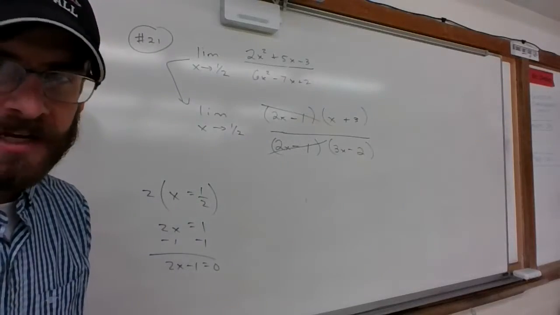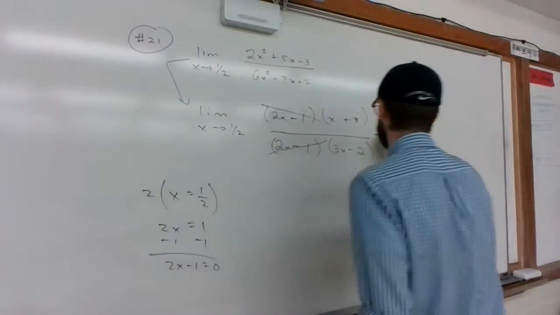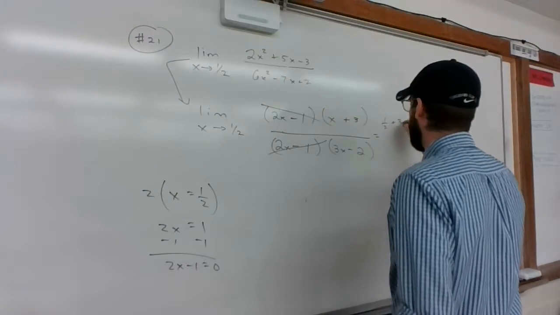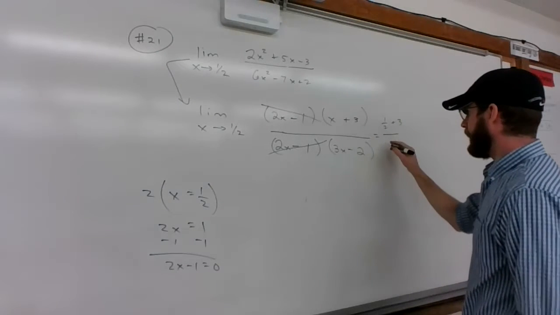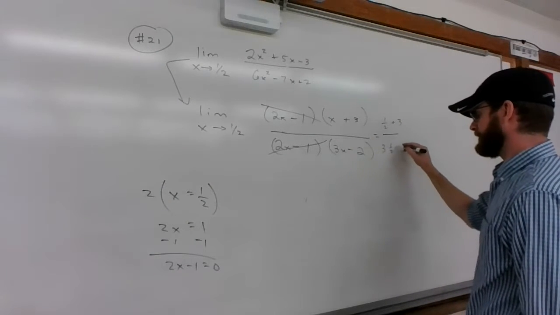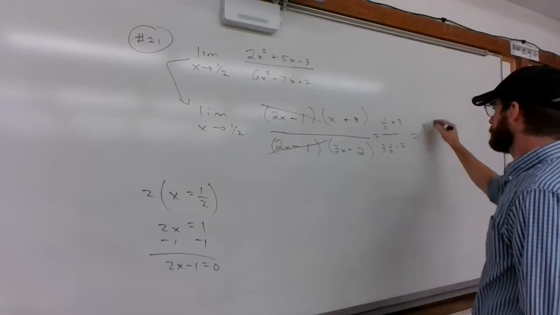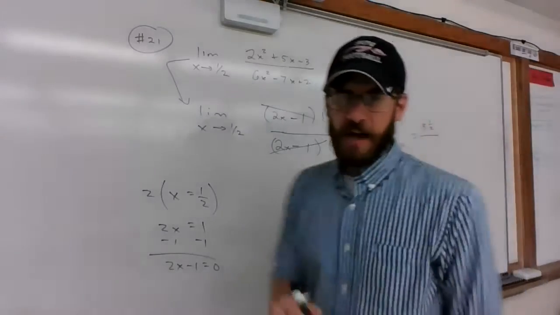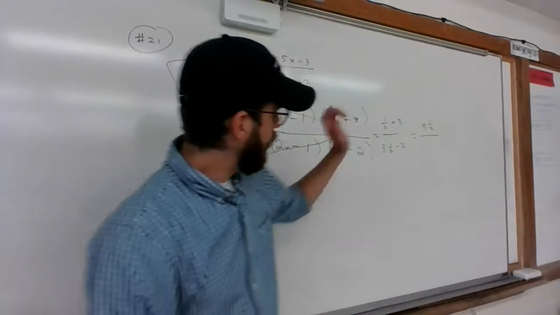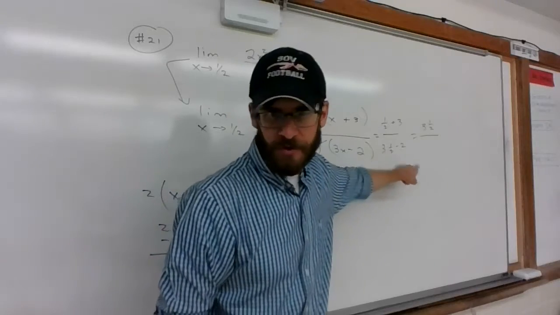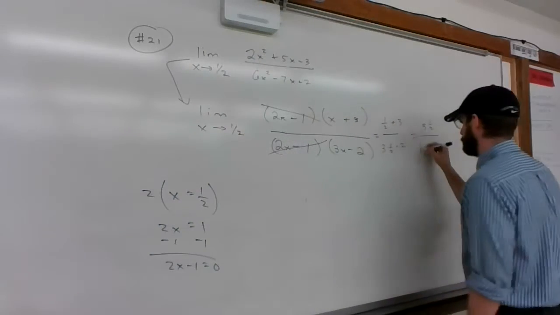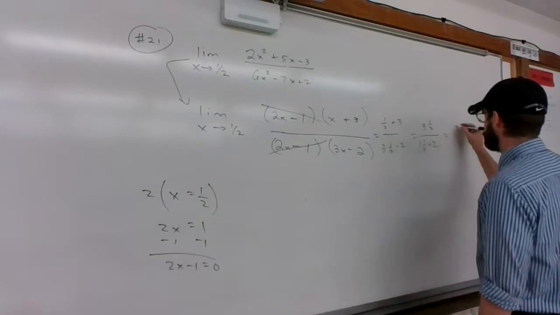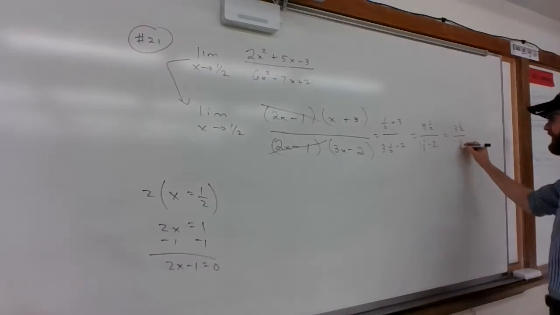All right, we should be able to plug in now. A half plus 3 divided by a half times 3 minus 2. So you got 3.5 on top and 1.5 minus 2 on the bottom, which is 3.5 divided by negative half.